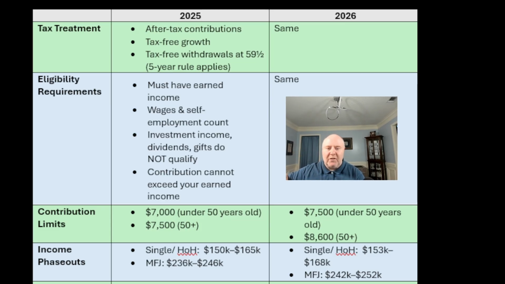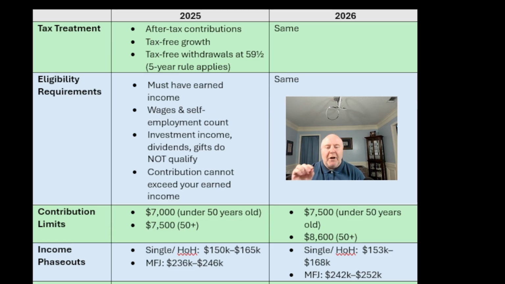It's not going to be phased out. If you make between 150 and 165, so there's that $15,000 phase out period, if you make within that period, now we're going to have to reduce the amount. We won't get the full $7,000. There's going to be a reduced amount, but we still are eligible to contribute some to our Roth IRA. And if we made over $165,000, we're out of luck. We're going to go backdoor Roth IRA. We'll get it taken care of that way.